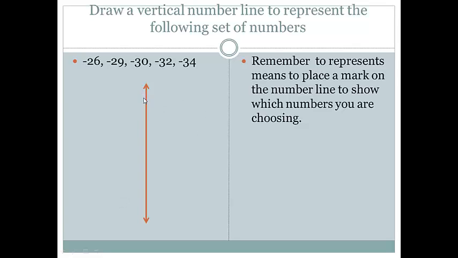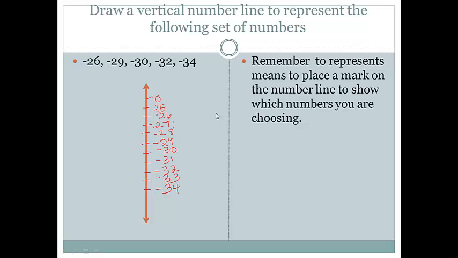So I'm going to start here with 0, and I'm going to put negative 25, negative 26, negative 27, negative 28, negative 29, negative 30, up through negative 34.